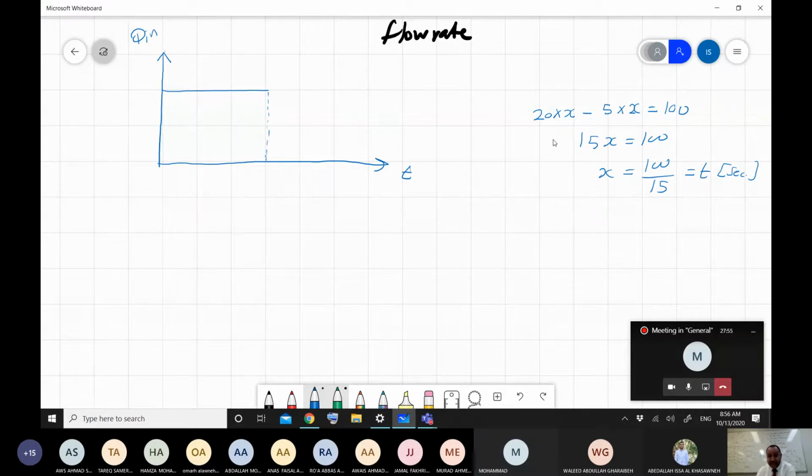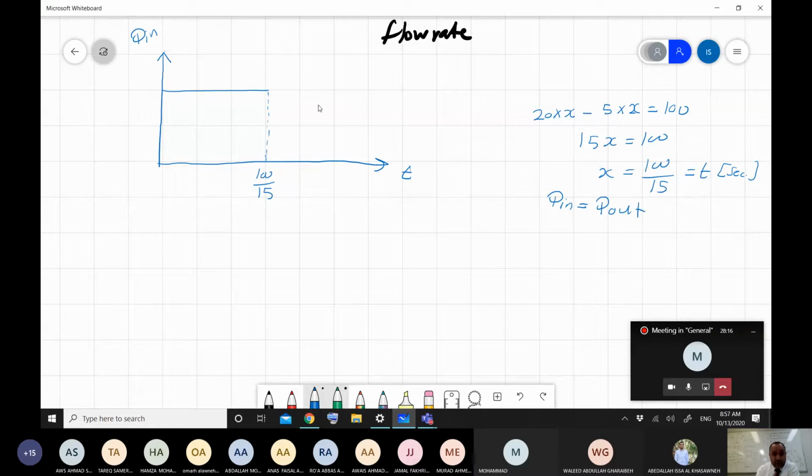Do you see? It's very simple. So now this time here, I know it will be 100 over 15. After that, I should maintain Q in equal to Q out, yes or no?